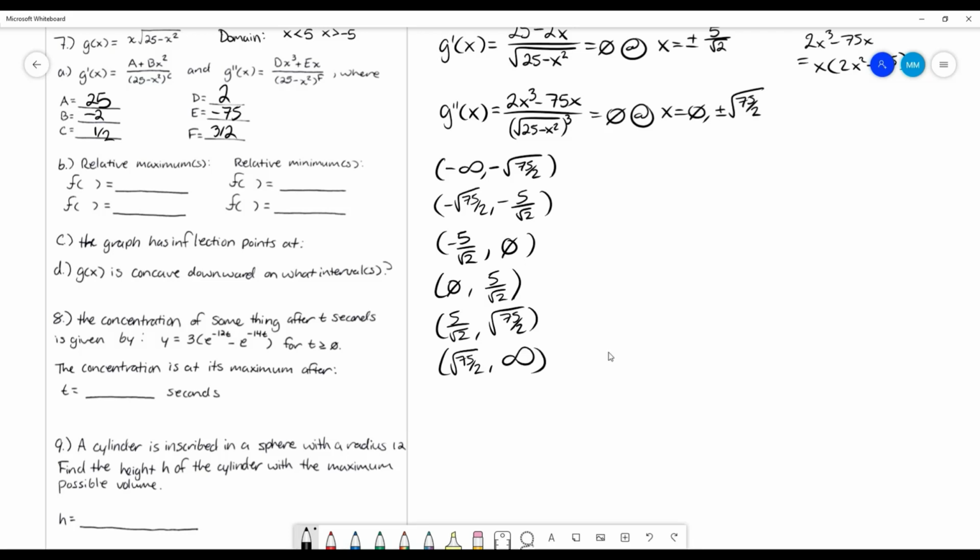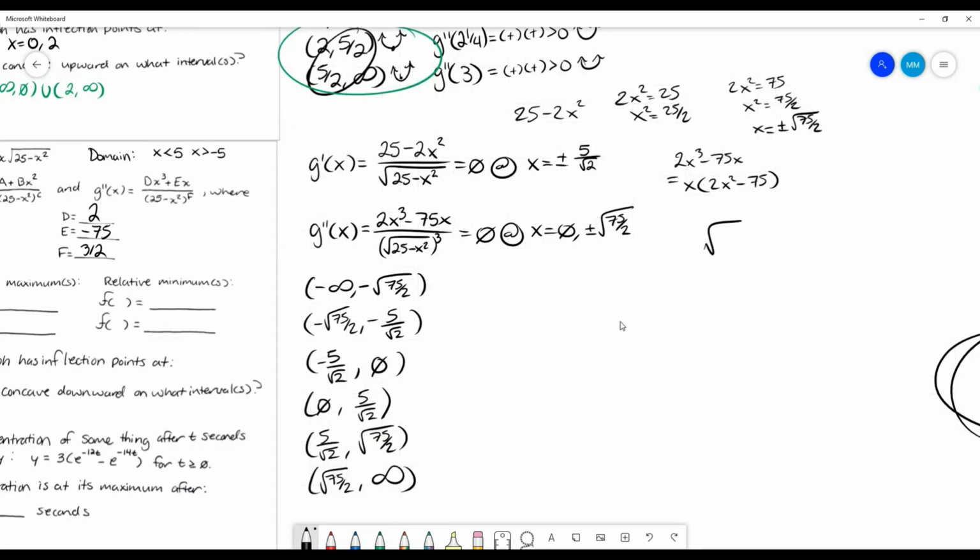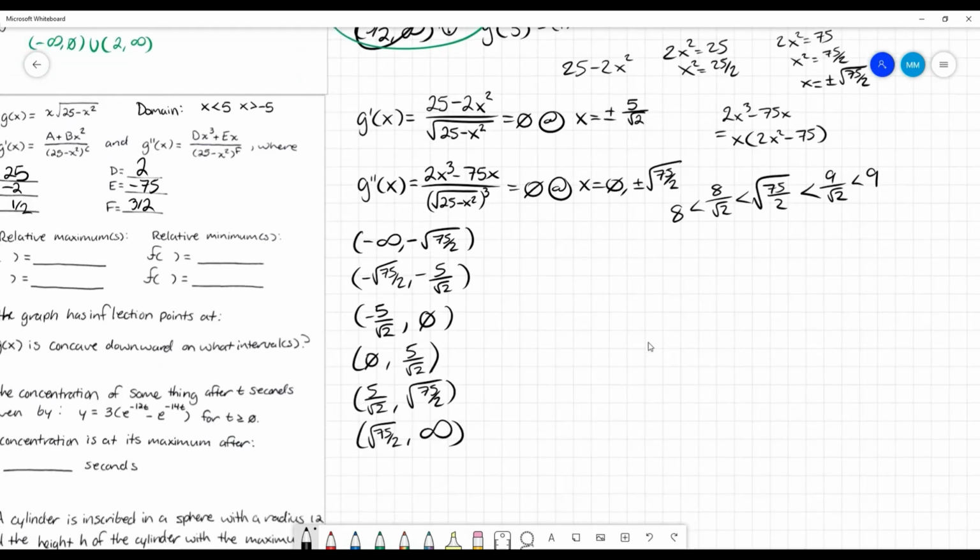There, I know that square root of 75 halves is going to be greater than 8 over square root of half, square root of 2. That's going to be less than that, so that helps me, which is greater than 8 and less than 9.